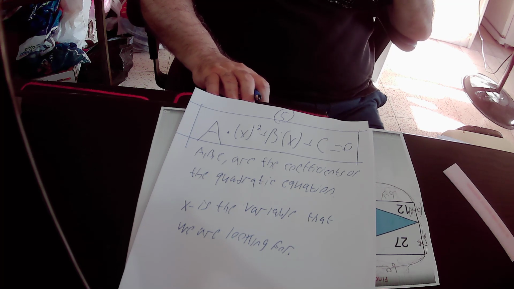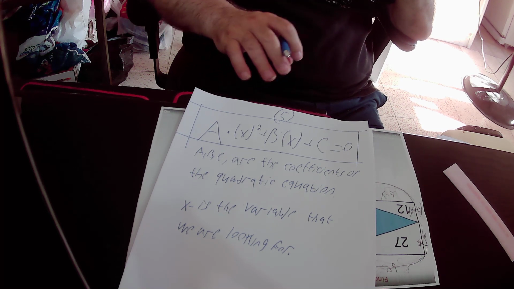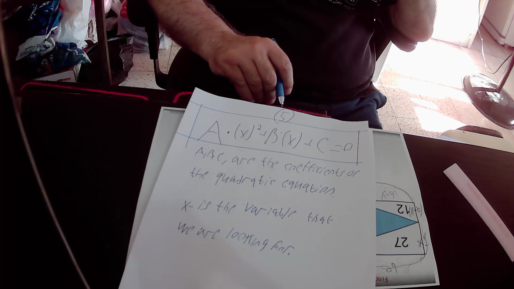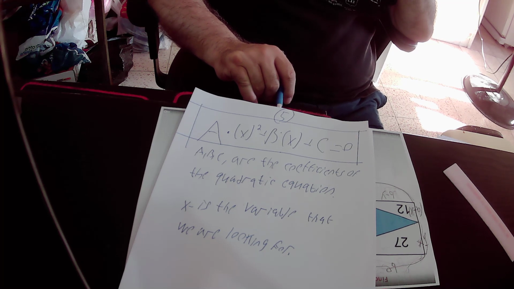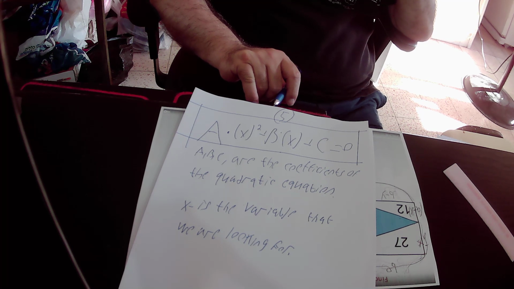And actually we have a special equation for x, an equation that will help us to find out the value of x, and the value of x is called the root of the equation, or the roots of the quadratic equation. And x also can have two different solutions.